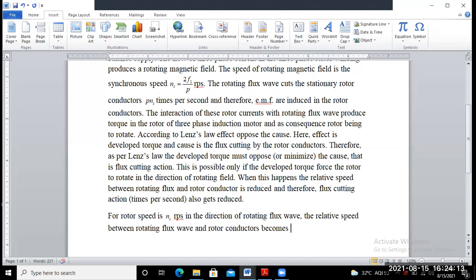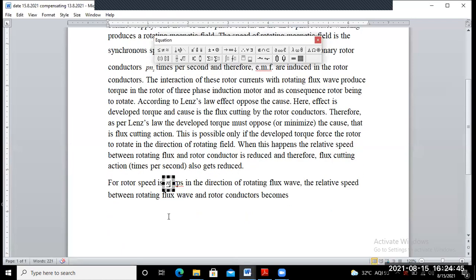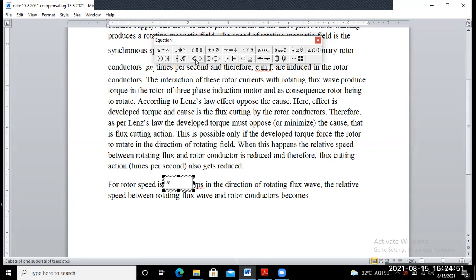How much? Suppose the rotor conductor is rotating at a speed of nr, and the rotating flux wave is rotating at the synchronous speed ns.